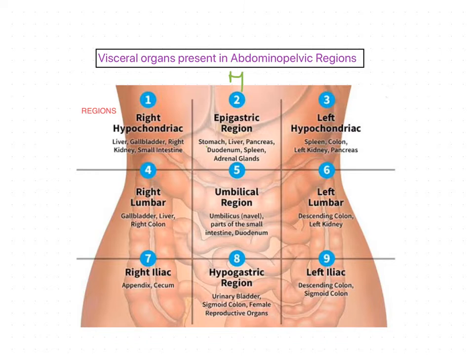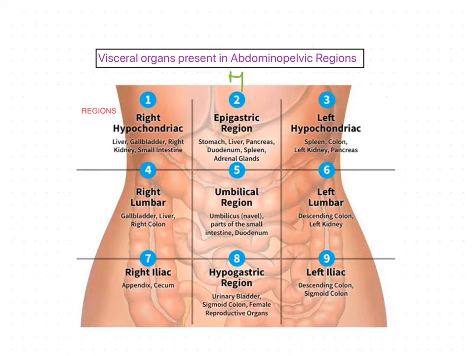So mainly the main organs in the epigastric region are stomach, duodenum and pancreas. These 3 organs occupy the major part in the epigastric region. Although many parts are related, the major parts related to this epigastric region are stomach, duodenum, pancreas.